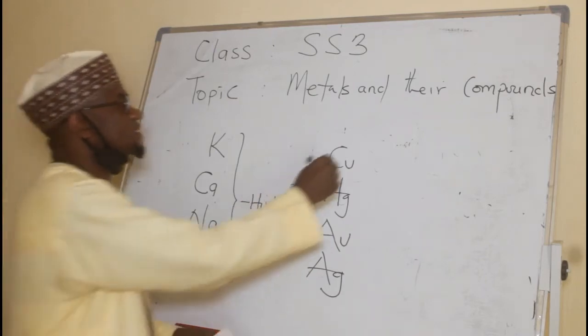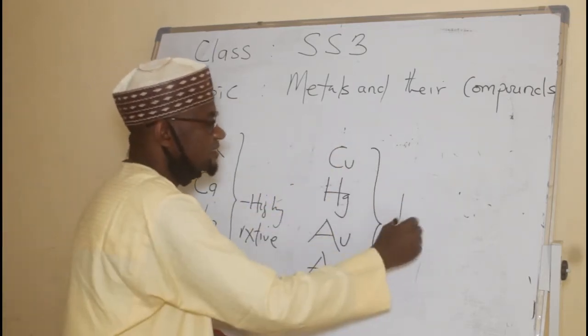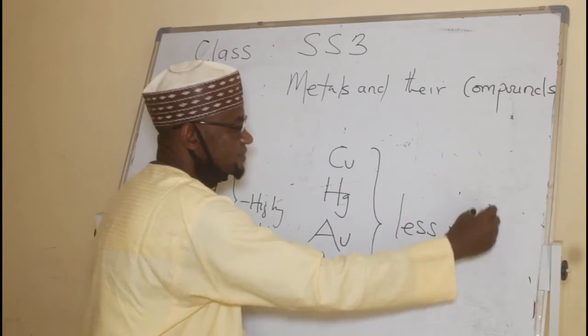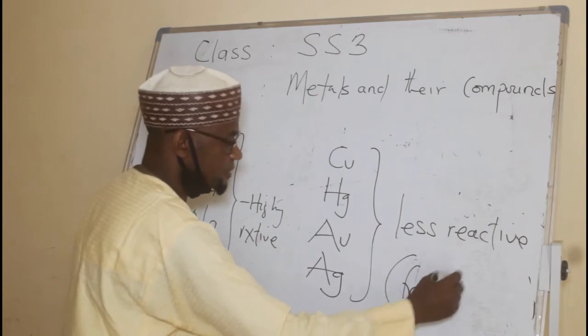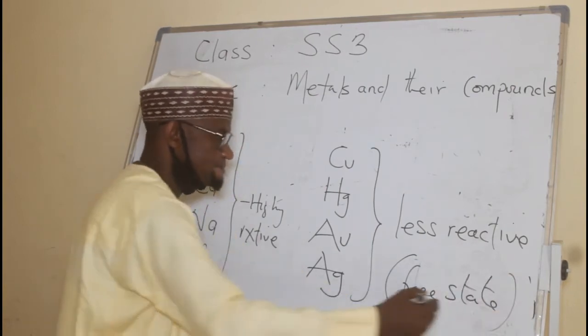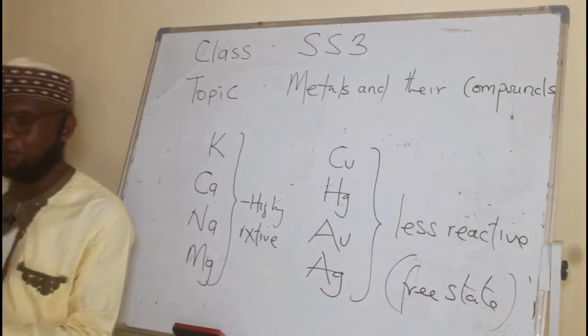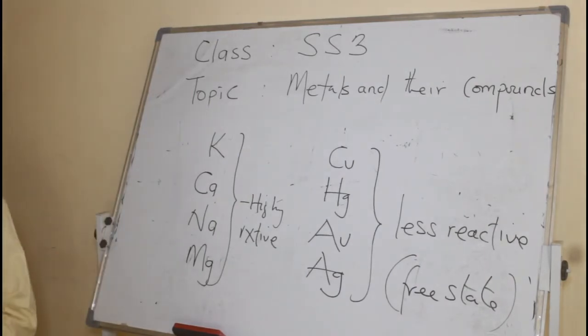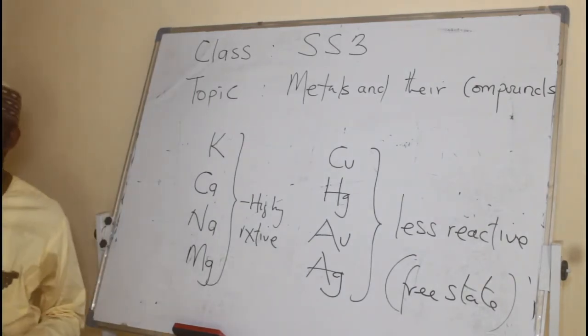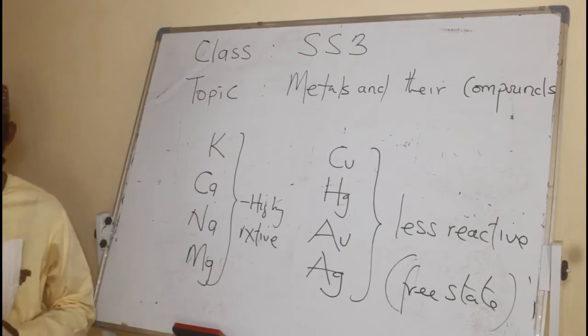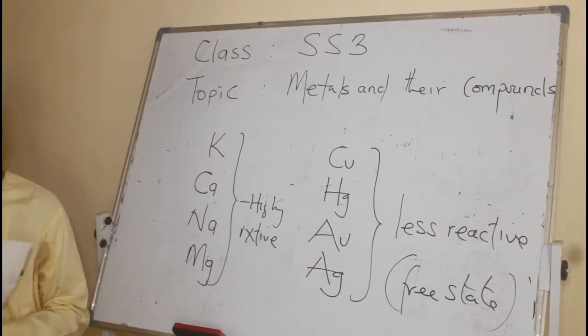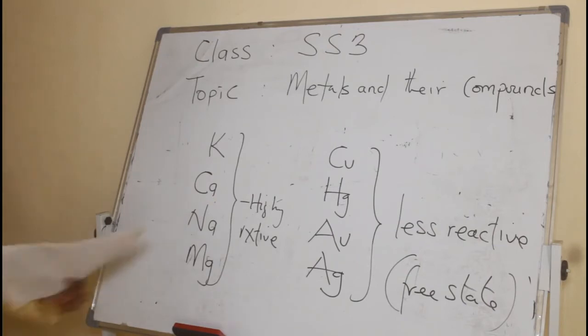While elements that are less reactive are found in free states, sometimes, or usually. That's why when you see gold, it's just gold. When you see silver, it's just silver. But for potassium, calcium, sodium, and magnesium, you can never see them in a free state. They are always in a combined state. Are you following? Because of their reactivity. You keep them, they will react with any available element around. While a less reactive element, as I've said, is found free in nature.